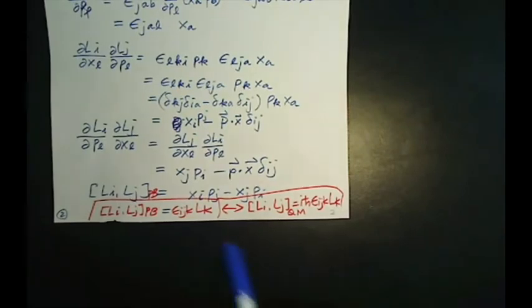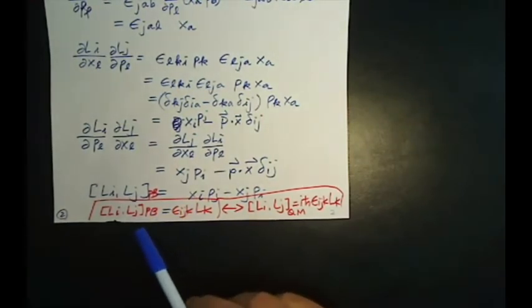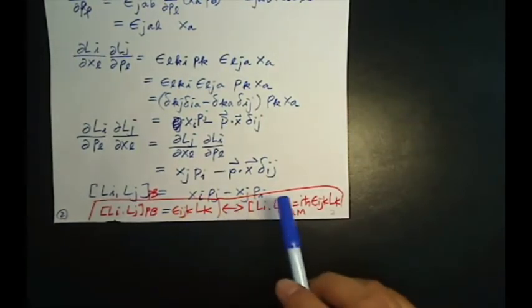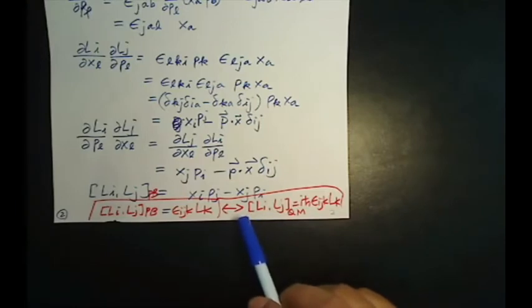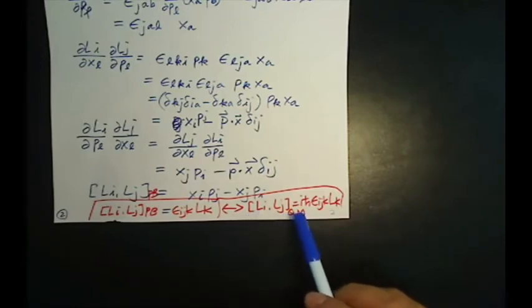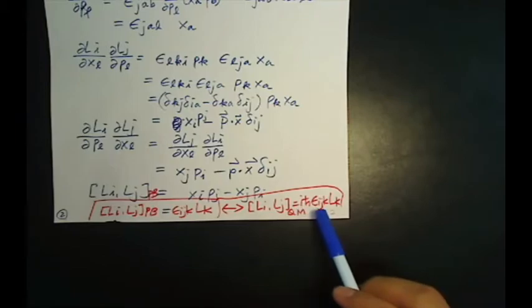And applying the correspondence principle, the quantum mechanical commutator for Li and Lj is i h bar epsilon ijk Lk. All right.